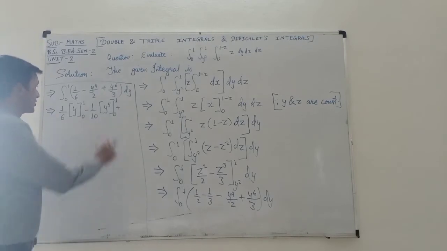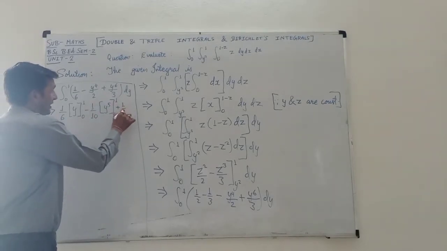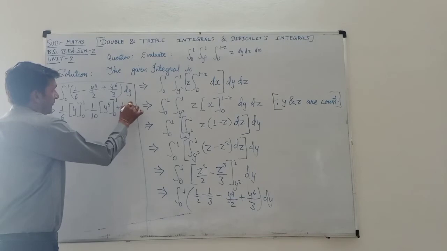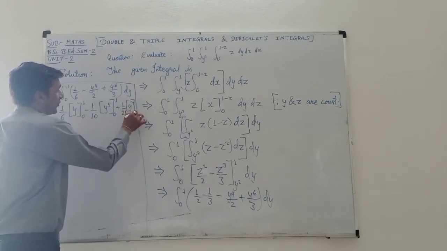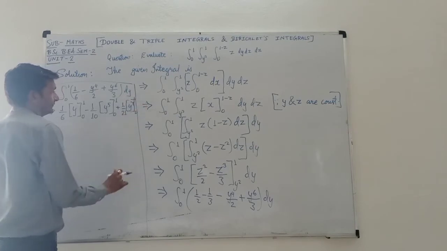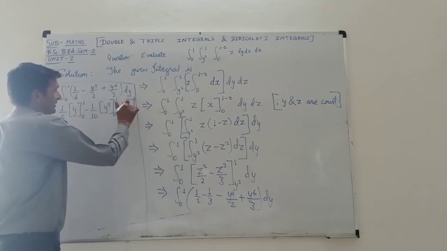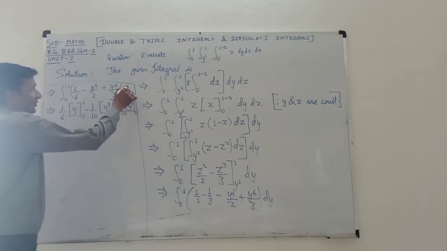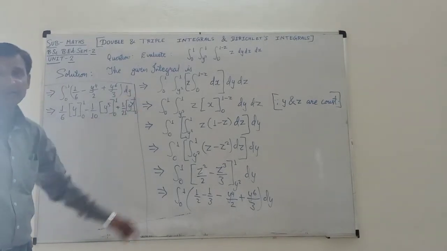Its integration, 7 times 3 is 21, so 1 upon 21, y raised to the power 7 from 0 to 1. Lower limit is 0, upper limit is 1.